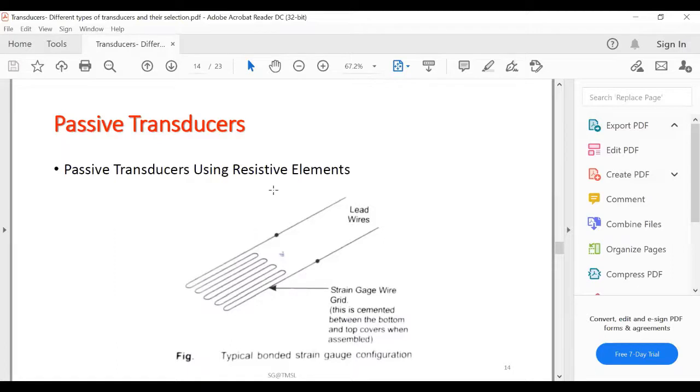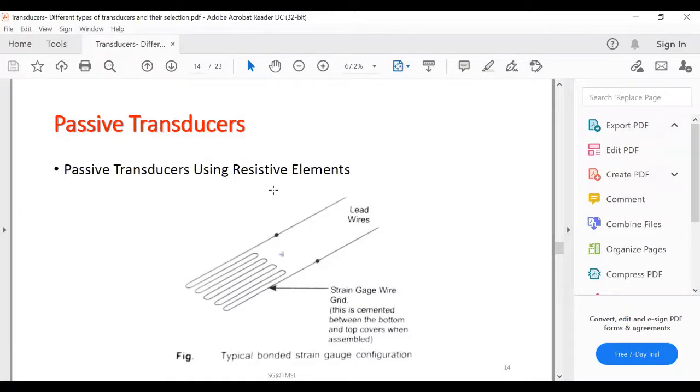So either an increase in length or a decrease in cross-sectional area results in an increase in resistance, and the ratio of the resulting resistance change, that is delta R by R, to the change in length, that is delta L by L, we know is called the gauge factor. Okay, so the strain gauge principle can be utilized for transducers in a number of different ways.